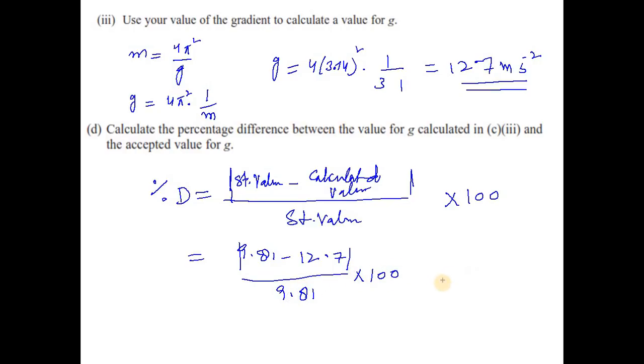That means the percentage difference is 29.45%, or you round it off and say it is 29.5%. This is the percentage difference.